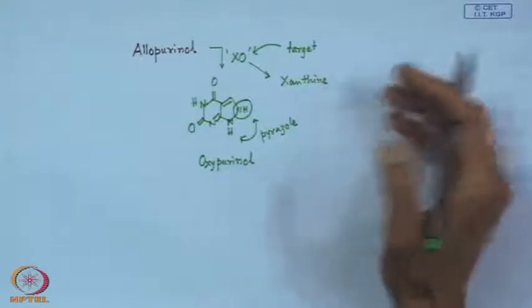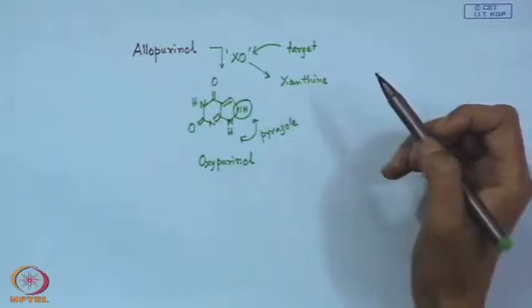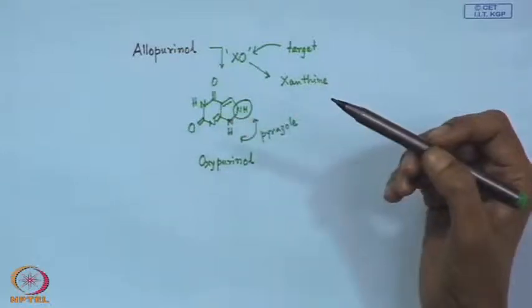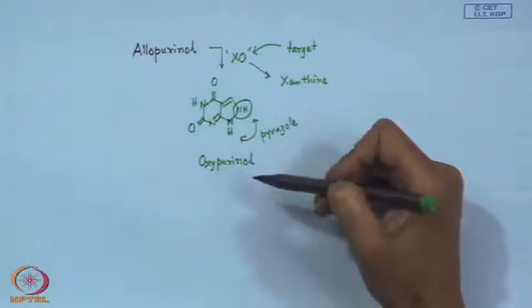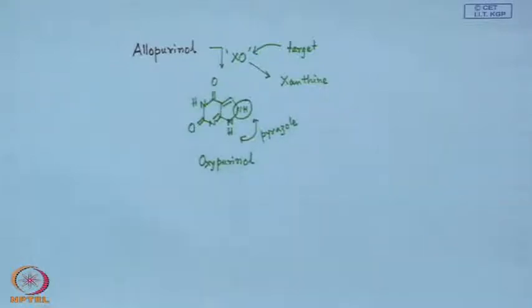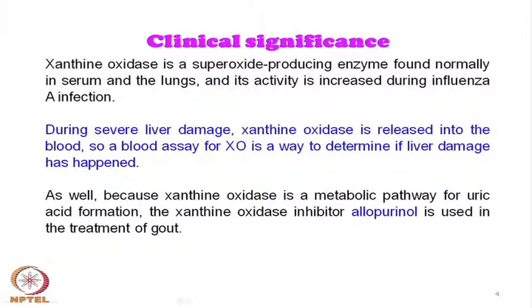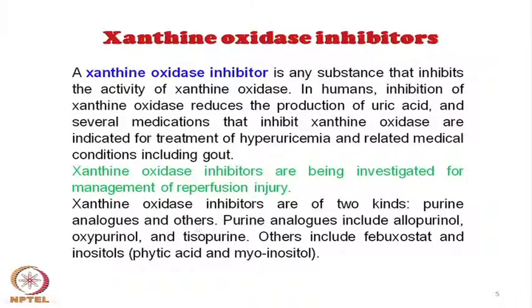So, it is a different course of reaction on the substrate molecule, and this allopurinol is therefore functioning as the corresponding inhibitor of xanthine oxidase. So, when we use this allopurinol as the corresponding drug for treatment of gout, we get a general class of different xanthine oxidase inhibitors.